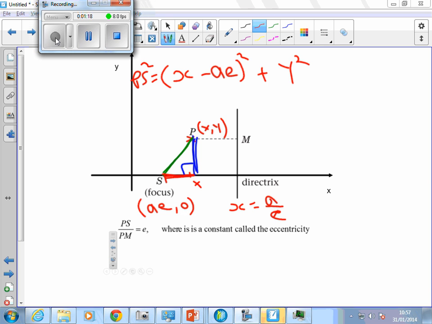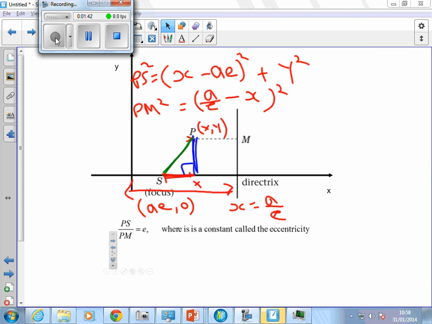PM squared is even more straightforward. It's this distance, A over E, minus x, all squared. Now, we are given that the eccentricity is the ratio PS over PM.